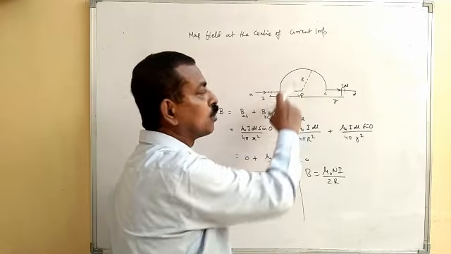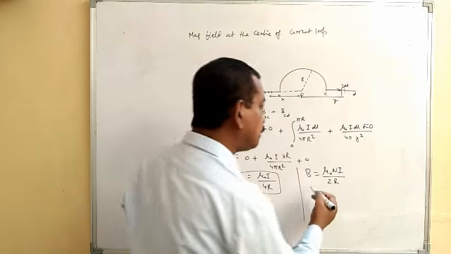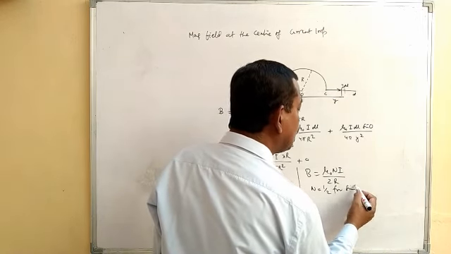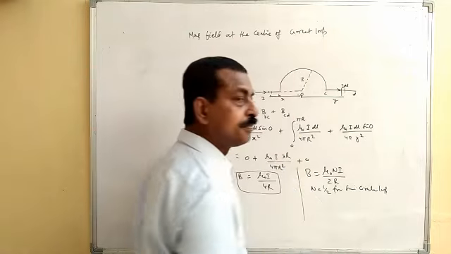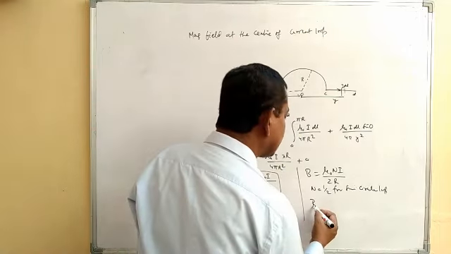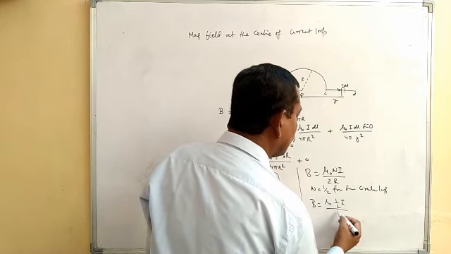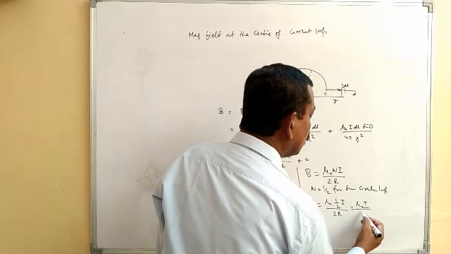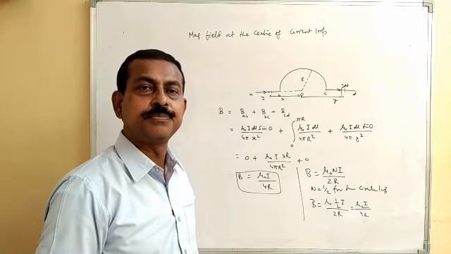If it is semicircular, what will be the number of turns there? Half. n will be half for a semicircular loop. So if this is the case, then B will be how much? Mu naught half I by 2r, and that is your mu naught I by 4r. This will be the expression for magnetic field.